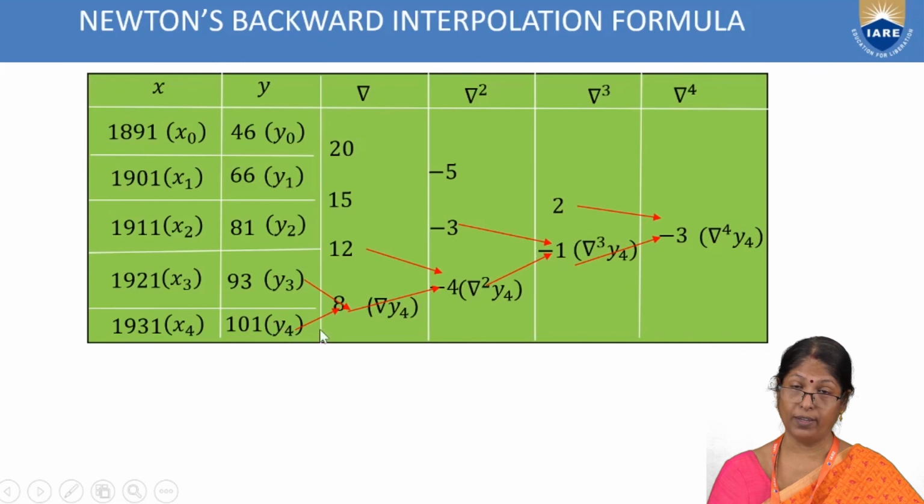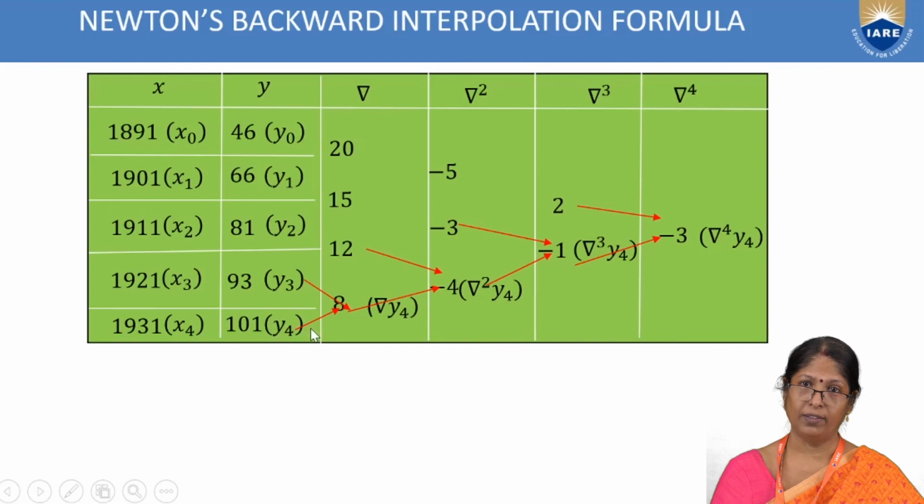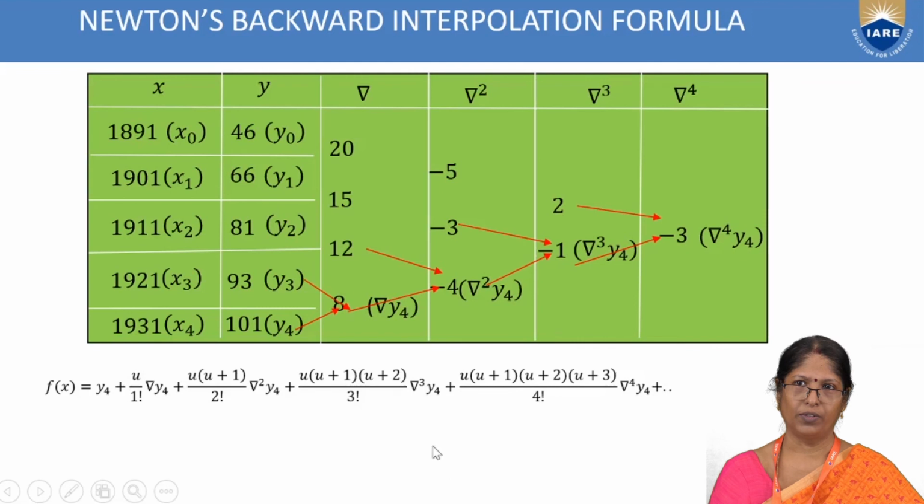Whereas if you notice the slide before, in the formula the last term taken is yn. Here, according to our problem, the last is y4. So del y4, del square y4, del cube y4, del power 4 y4. In each column, the last data are taken. So this is our backward difference formula.